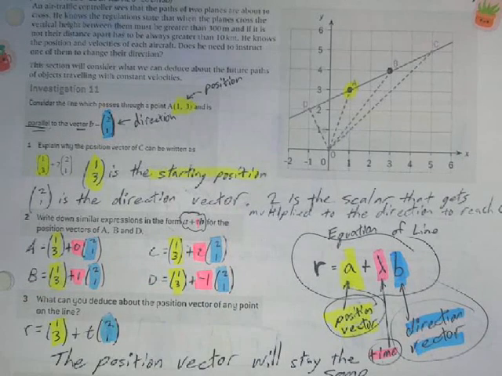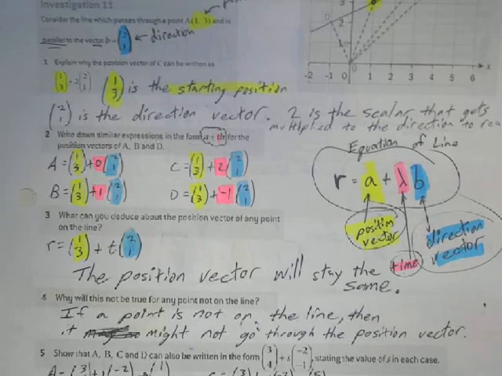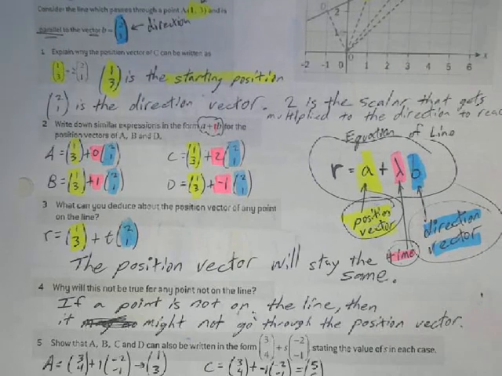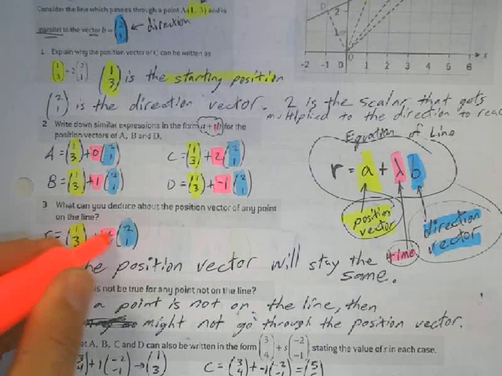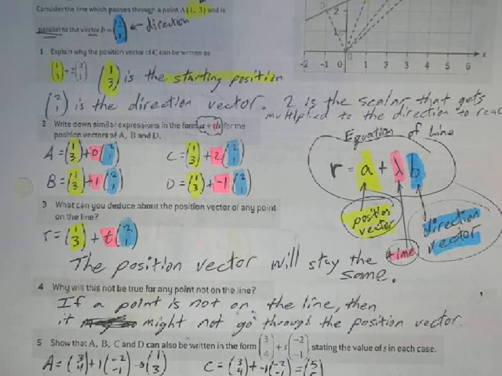Okay, so what can you deduce about the position vector of any point on the line? For any point on the line, I'm going to be using this equation for our vector equation.